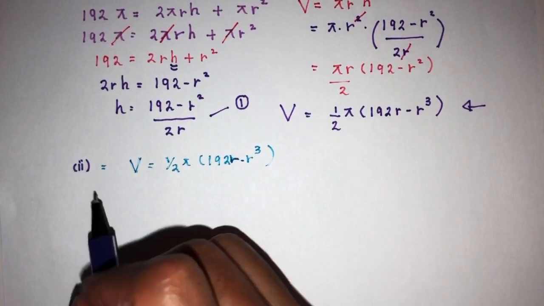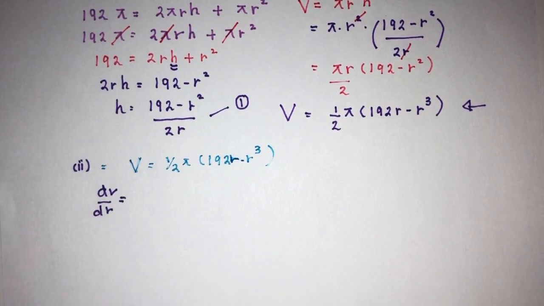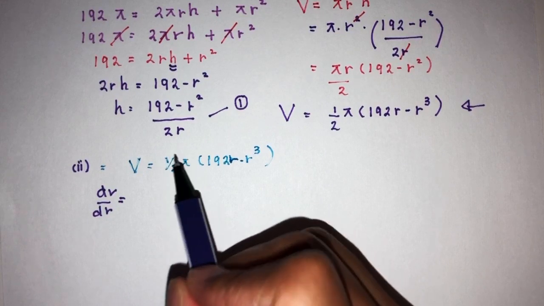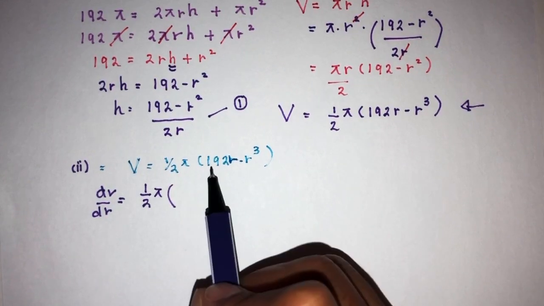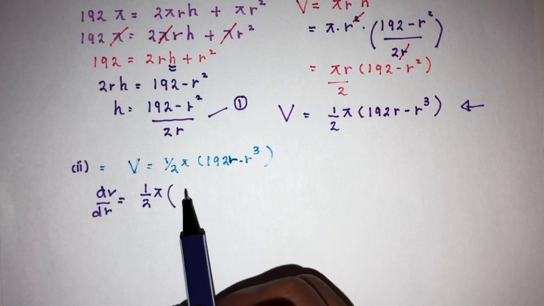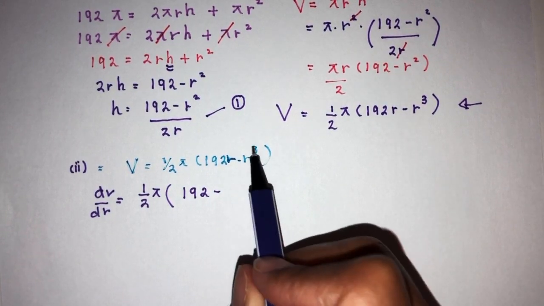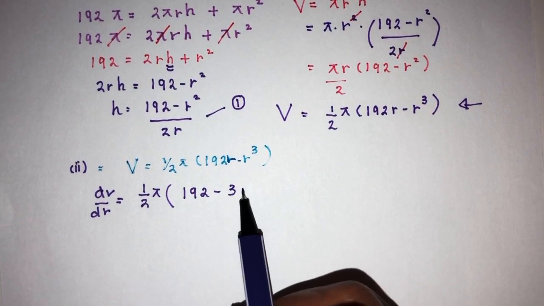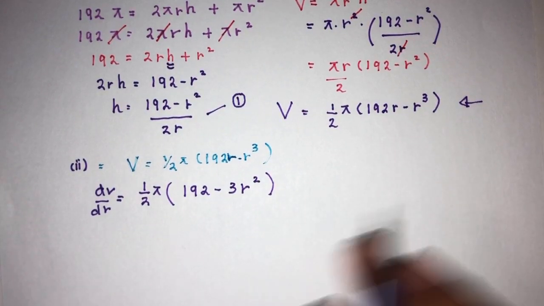Now, we have to find dV by dr. Pretty easy, differentiation. Now this one is only a multiple, we can just put this ahead and forget about this. Now on the inside, what is dV by dr of 192r? That will be 192. And then here we have to first send the power over here, that will be 3, and then r to the power 3 minus 1 is 2. So this will be dV by dr.